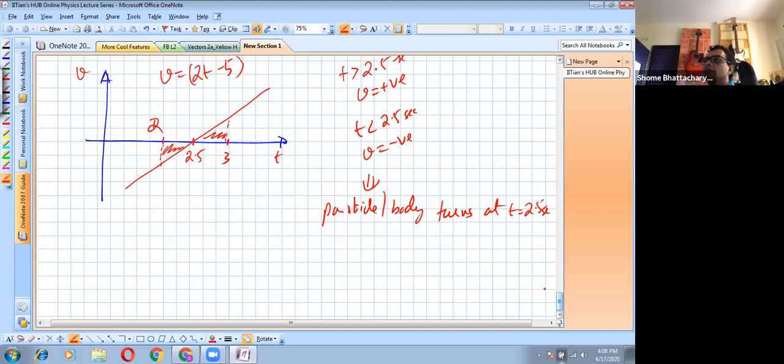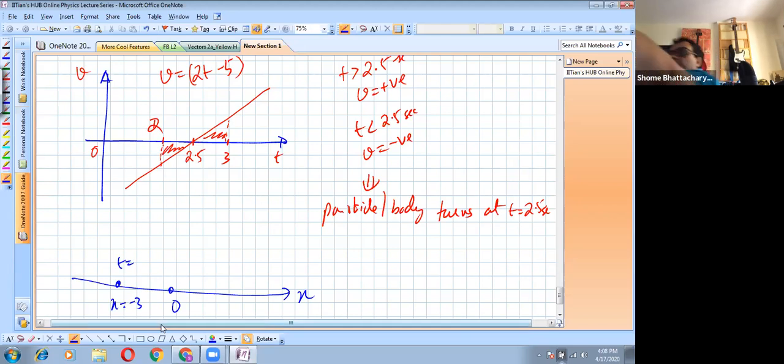So literally what is happening is, on the x axis, this was the velocity versus time graph, but if you compare the same thing with respect to the timeline, the particle was here at x equal to minus 5 at t equal to 2 seconds.